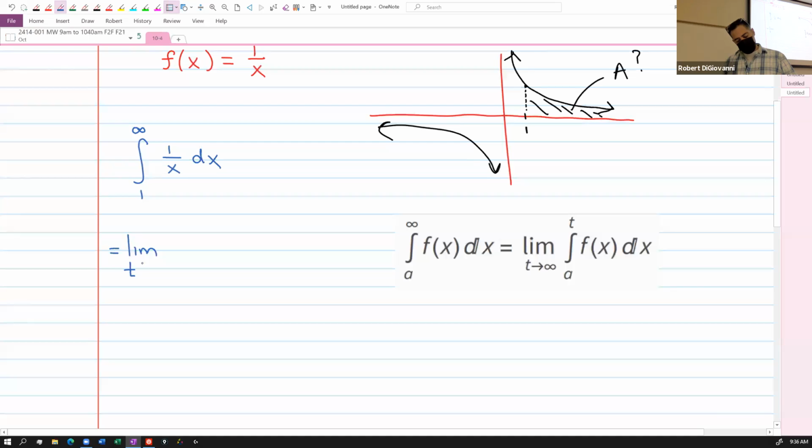I'm going to let t go to infinity, and the integral I'm going to do now goes from 1 to t. And the integrand, the function I'm integrating, is 1 over x.